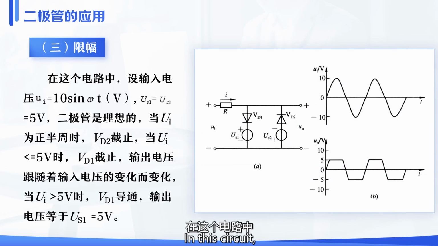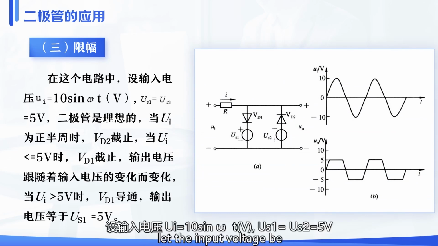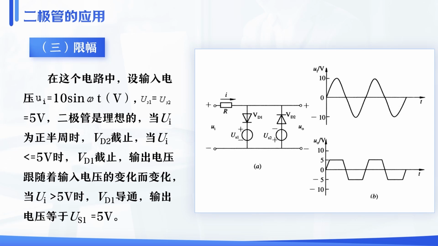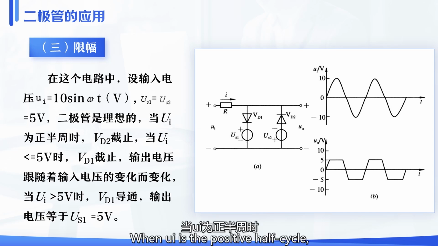Limiting. In this circuit, let the input voltage be UI equals 10 sin ωt volts. US1 equals US2 equals 5 volts, and the diode is ideal. When UI is in the positive half cycle, VD2 is cut off.